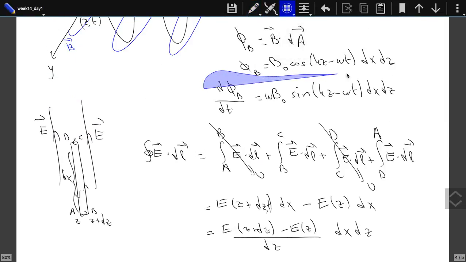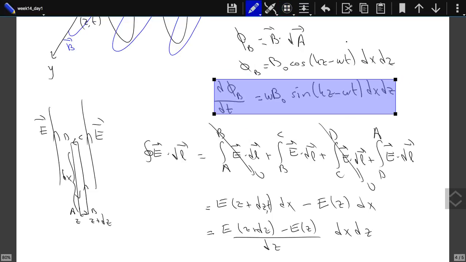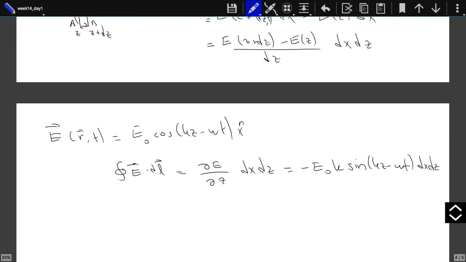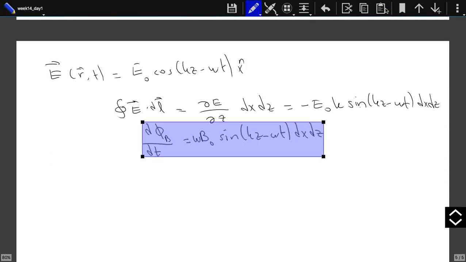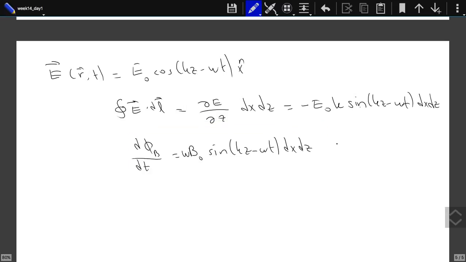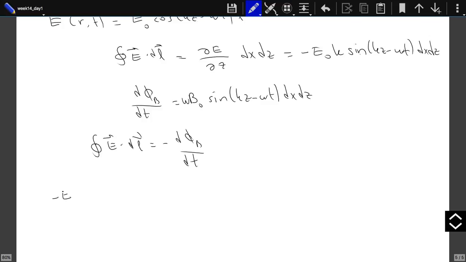Now we also have this result. But we know the Faraday law. E dot dl should be equal to minus d phi B by dt. E dot dl is minus E0 k sine(kz minus omega t) dx dz.